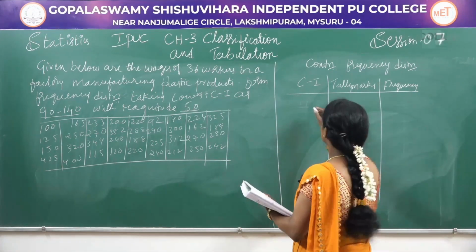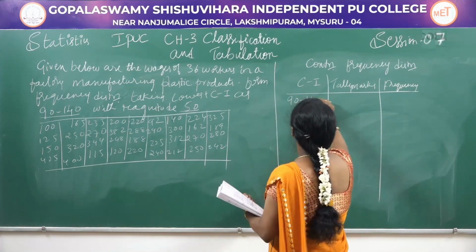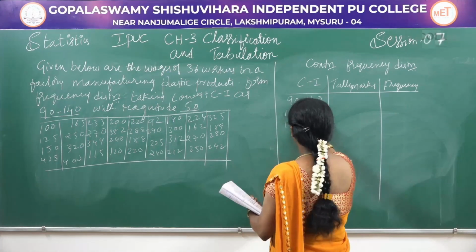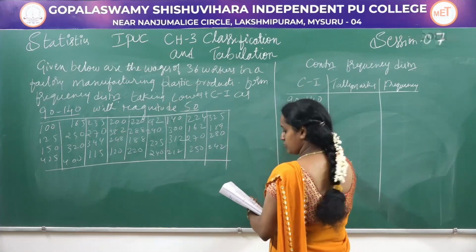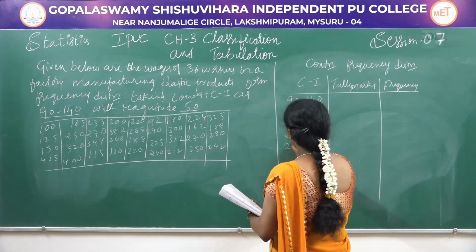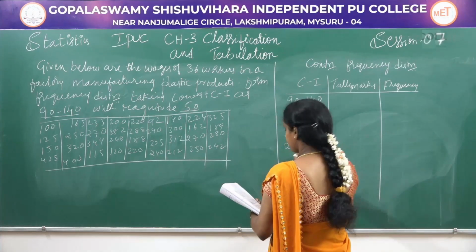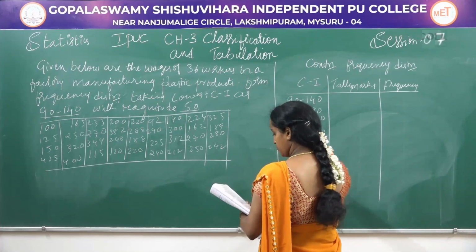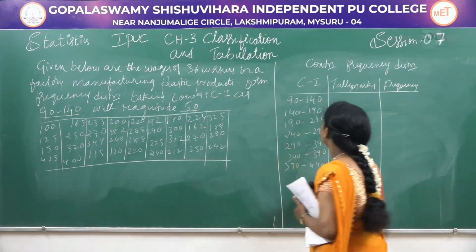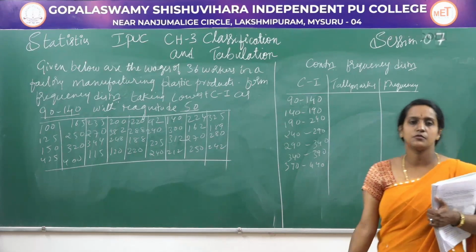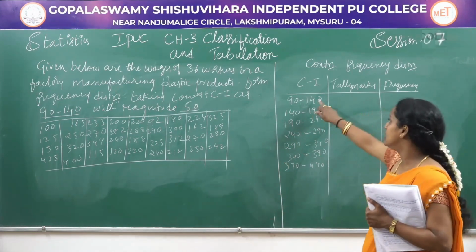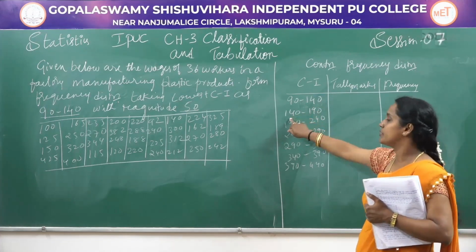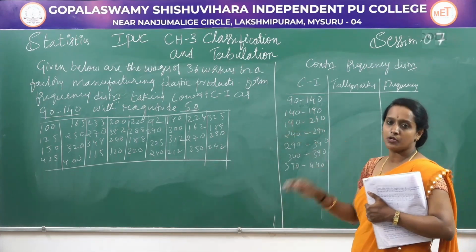So it is 90 to 140, 140 to 190, 190 to 240, 240 to 290, 290 to 340, 340 to 390, 390 to 440. This is how the class intervals are, and this is exclusive type. That is, the upper limit in this class we will not include. That number should be included in the next class, where it comes as the lower limit.